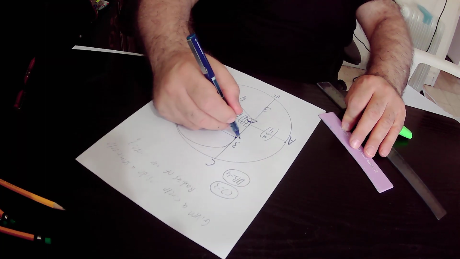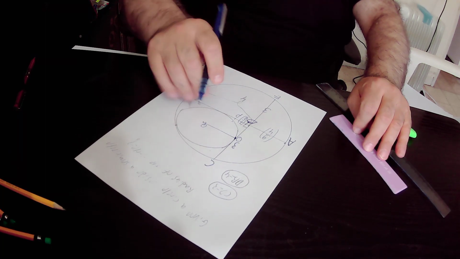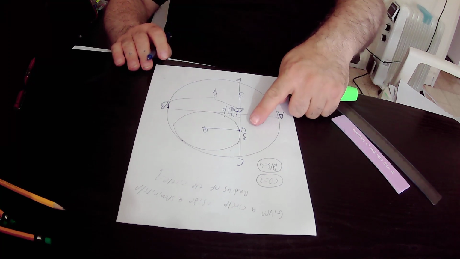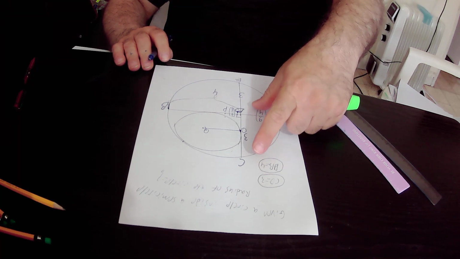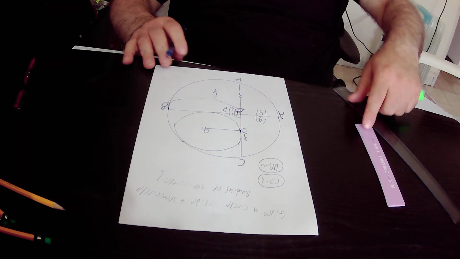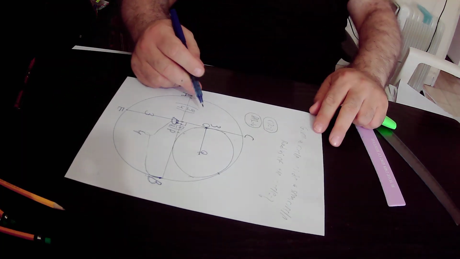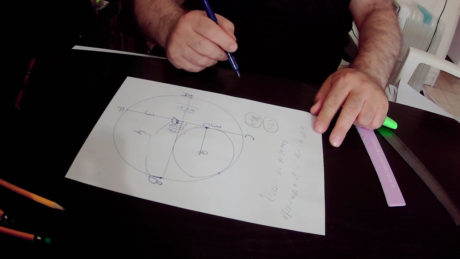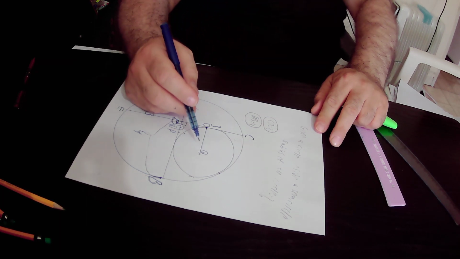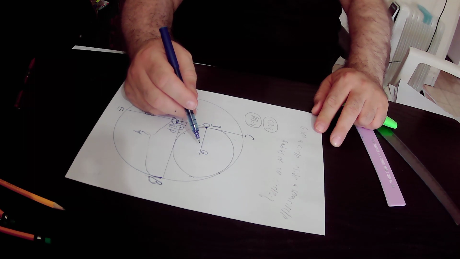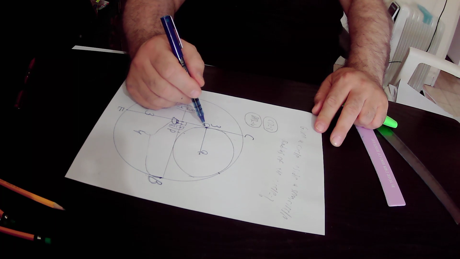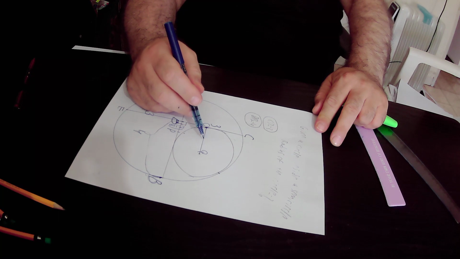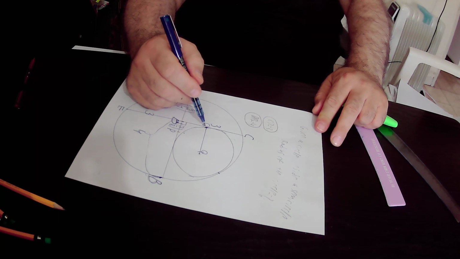Here, this is point O. Point O is the point of tangency of tangent CD with this small circle. Point Q is the center of the small circle and the segment ends at point O, which is a point on the small circle itself. This is exactly the definition of a radius. So QO is the radius of the small circle.